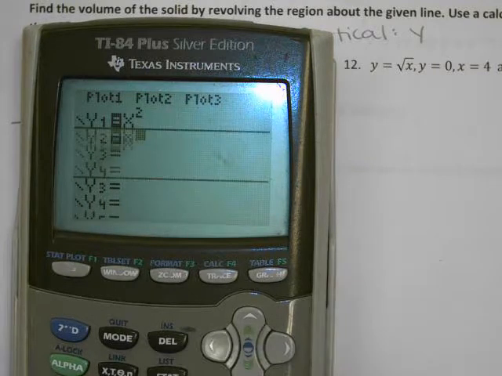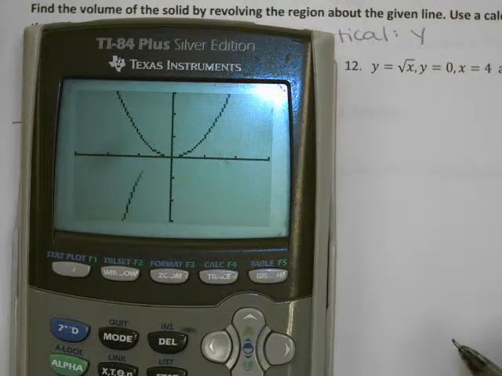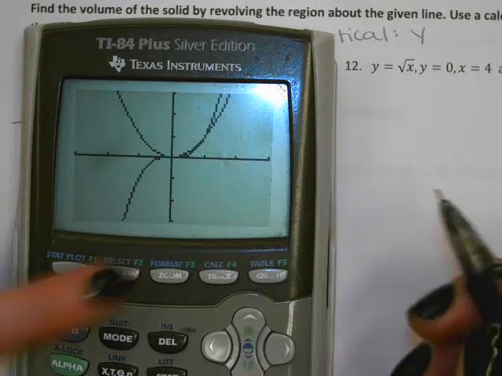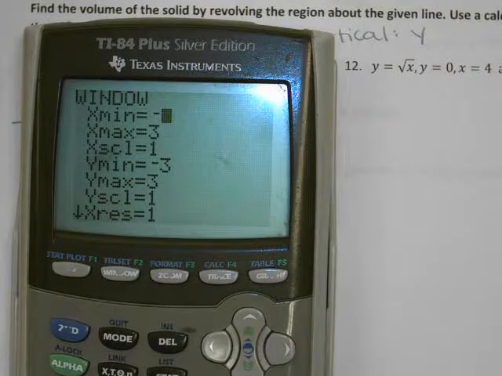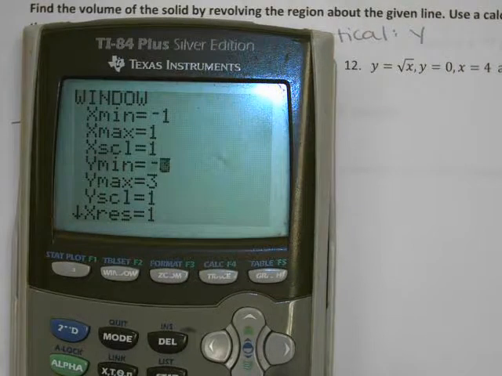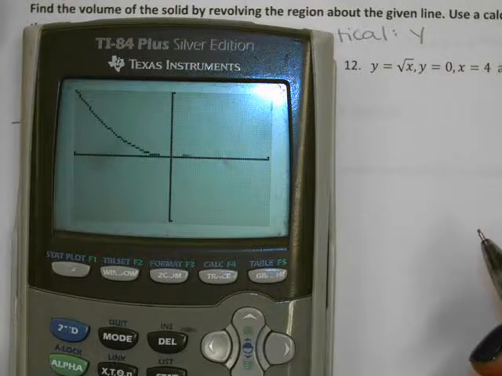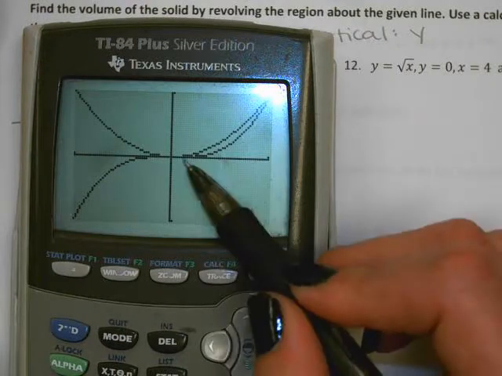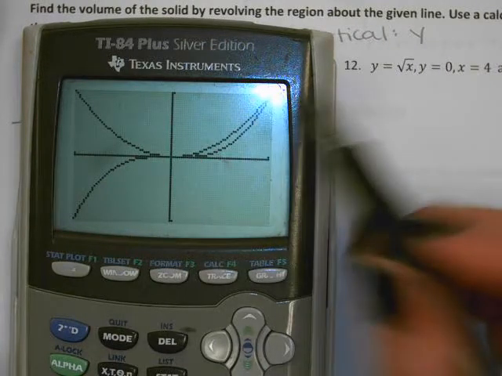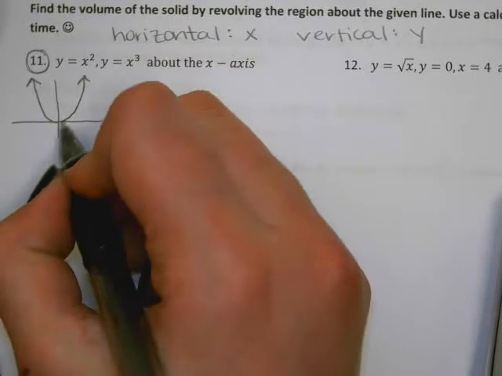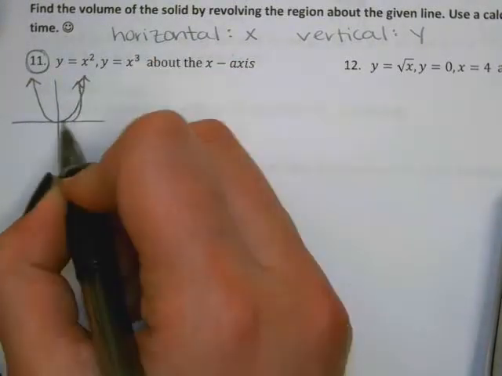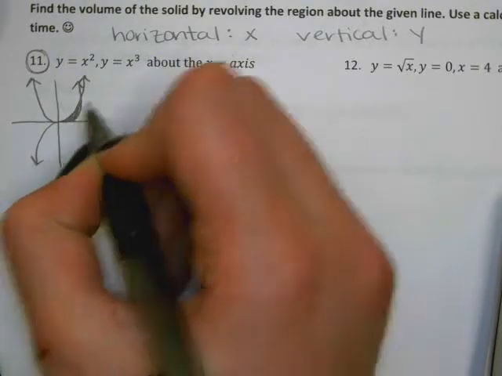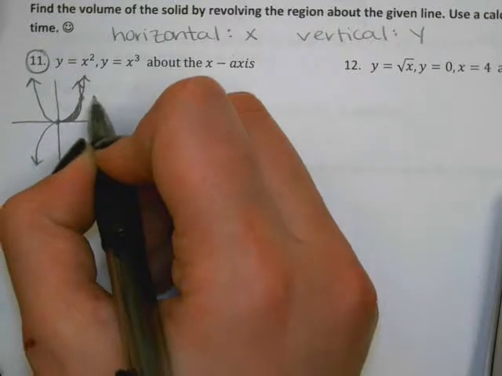So x to the third is underneath it, and then it switches over. If I make this graph even smaller, I can see it a lot better. There's our parabola, and there's the cubic. It comes from underneath and then crosses it at 1. I over-exaggerated it really badly, but you get the idea. So x equals 0, x equals 1.